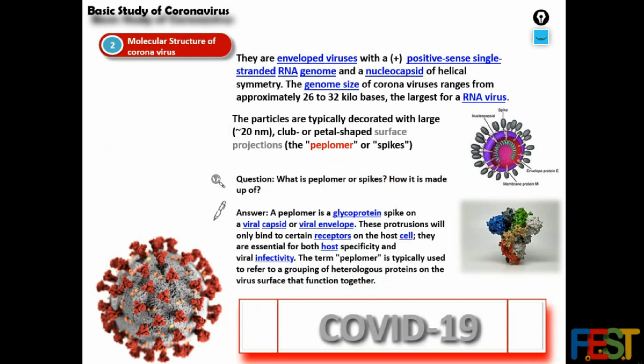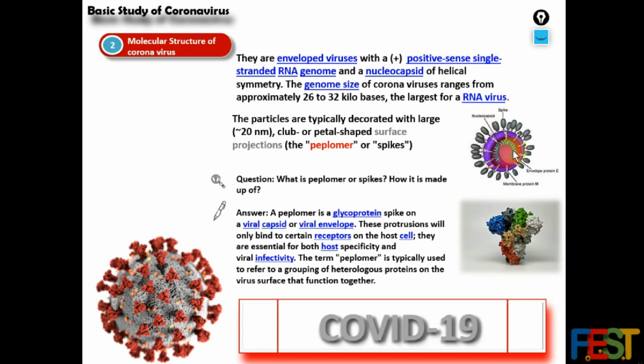Okay, molecular structure of coronavirus. They are enveloped viruses with a positive sense single stranded genome and a nucleocapsid of helical symmetry, and the genome size ranges from approximately 26 to 32 kilobases, the largest for RNA viruses.